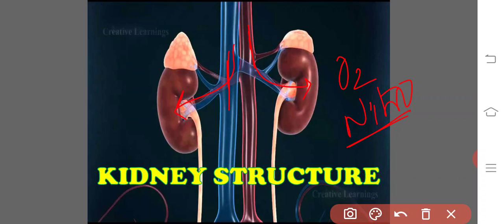And just beside the renal artery, we will also see a blue colored line, that is the renal vein. The renal vein collects the impure blood, that is, it collects the carbon dioxide which is released in the kidney, and supplies this deoxygenated blood to the posterior vena cava.